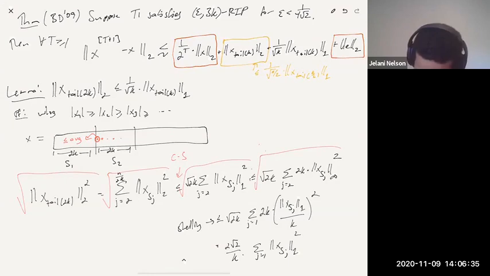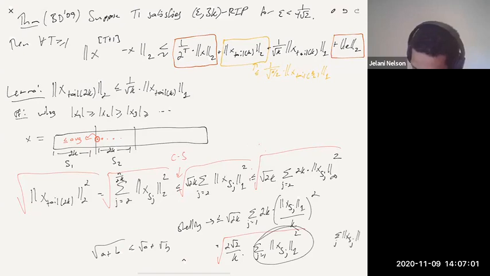I feel like, though, this should have been a square root k, right? But the point is root a plus b is at most root a plus root b. So I can apply the square root term-wise, and I'll get the sum over j of the L1 norm of xsj.